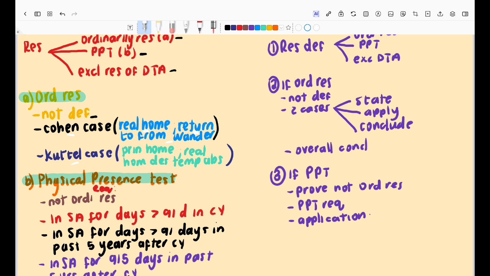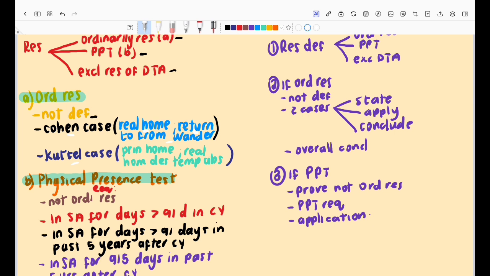So whatever home they consider to be their real home. So as you read the scenario, you need to look at, does the person want to come back to South Africa? Does the person have family in South Africa? Because that would be some of the indicators that tell you that this is the person's real home, apart from that they return to from wanderings, right? So that's what Cohen tells us.